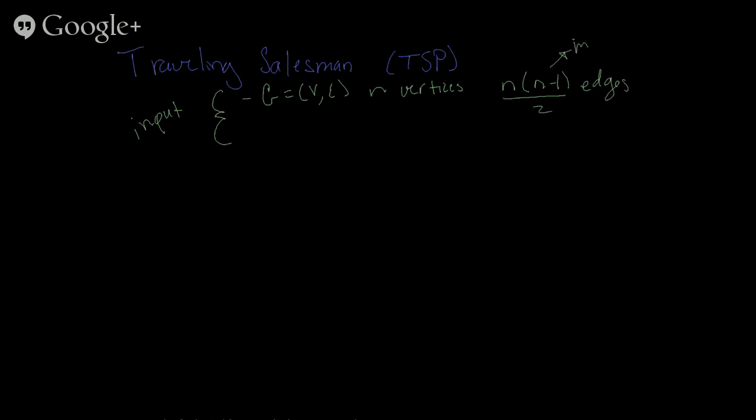And it may help you to know that m is in the big O of n squared. I talked with you a little bit about that on the last video. So if you don't believe me about this, go to the last video or just try it for yourself. See how many edges you need to fully connect a graph with some number of vertices. But anyway, you're going to have this list of vertices, this list of edges.